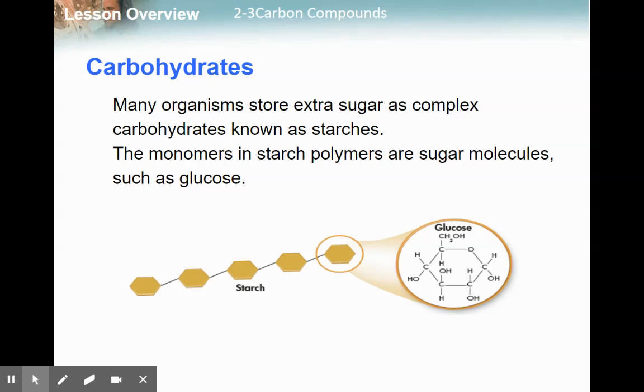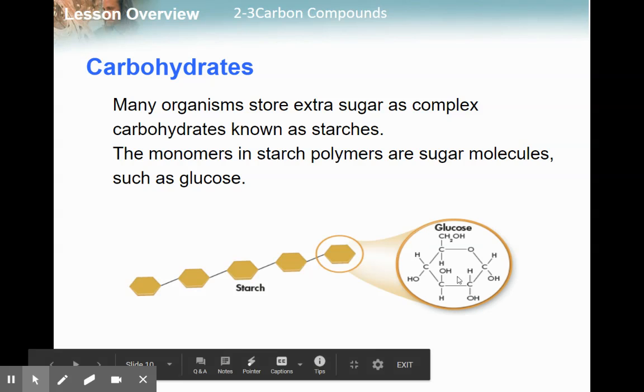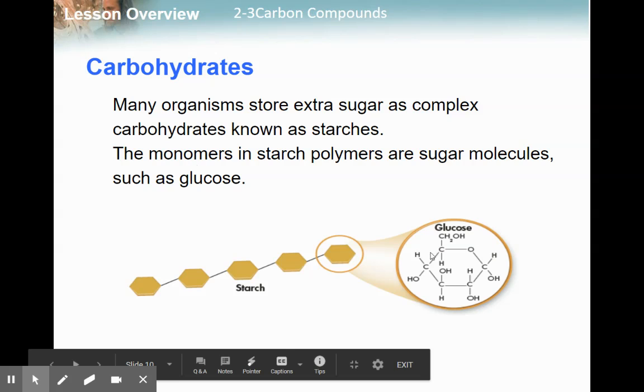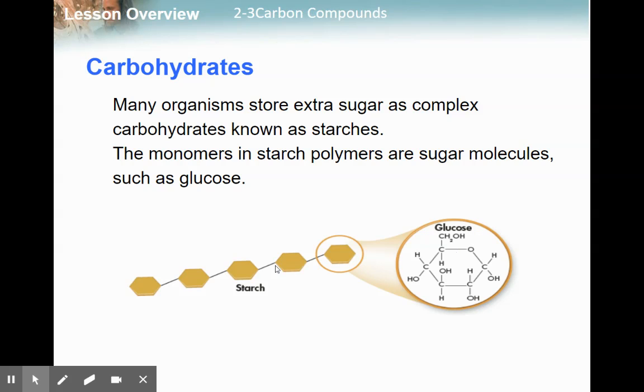Now, these organisms store the extra sugar as complex carbohydrates known as starches. The monomers in starch are the sugar molecules such as glucose. So again, we talk about starting with the smallest part of these carbs. Glucose would be the monomer, the single part. When you combine glucose into a chain, that forms the starch.